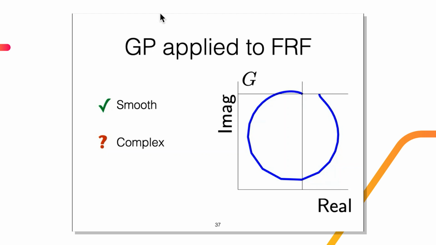If you have a very slow system like a crane, where the mass is going to oscillate very slowly, then a measurement of a millisecond won't be enough. You won't be able to say anything about the system. So it's important to match the length of the window with the speed of the dynamics of the system.